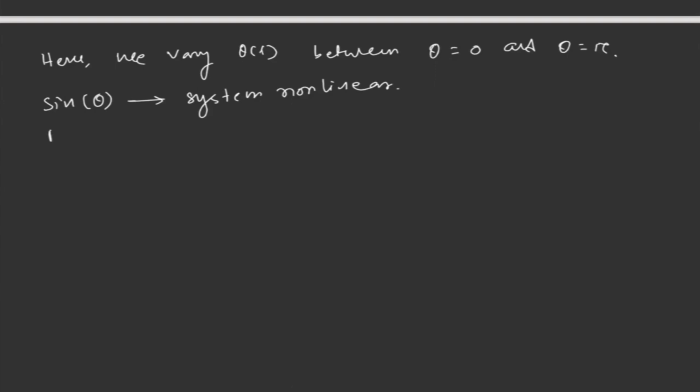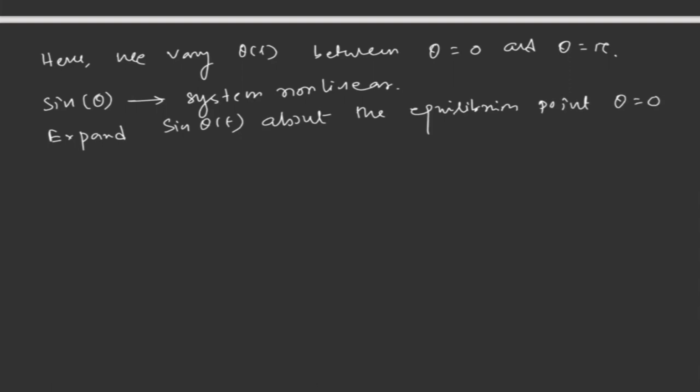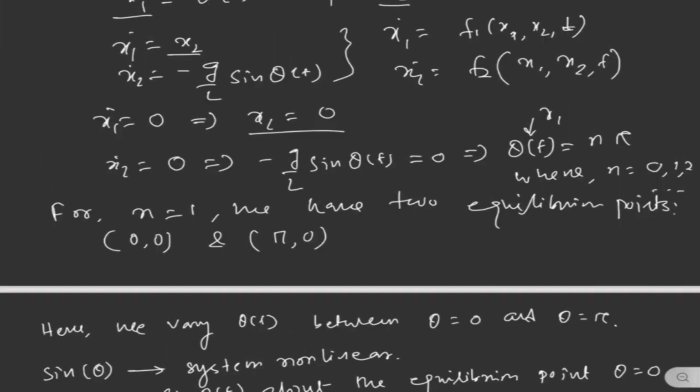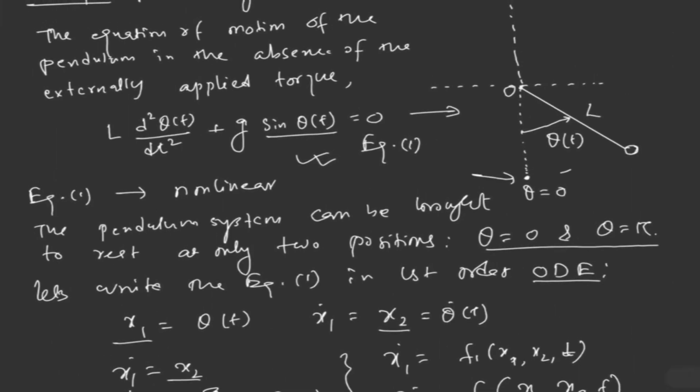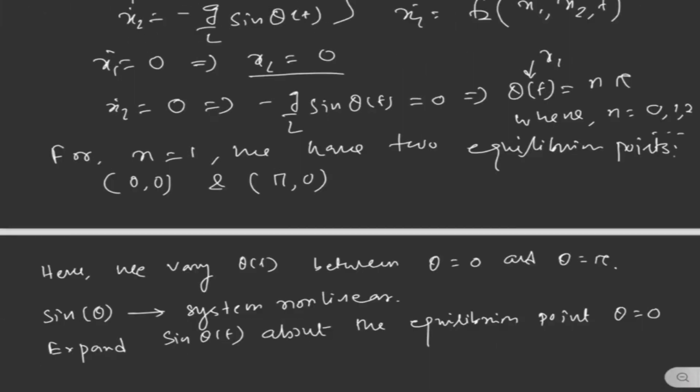So expand sine of theta t about the equilibrium point theta equal to 0 with small perturbations on the system, and check how the system behaves around theta equal to 0.